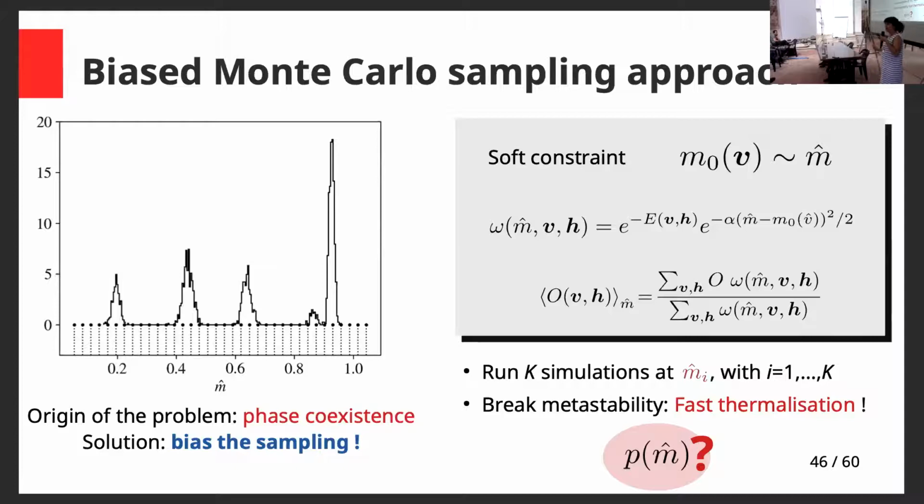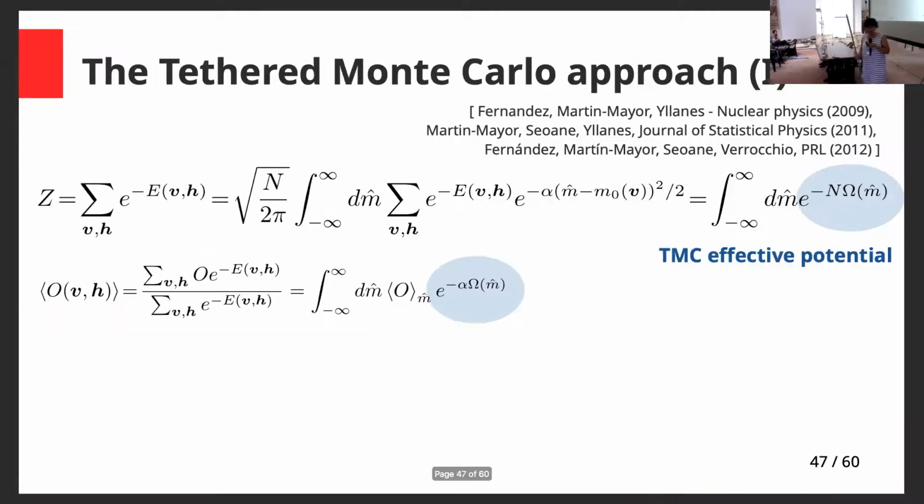So now we have a lot of simulations at different values of the magnetization. We don't have thermalization problems, but the point is how we reconstruct the original one, because it's the one we're interested in. At this point, what we used was the Tethered Monte Carlo algorithm, which is quite simple to understand. The idea is that we can write the partition function as an integral over the constraints of a given magnitude.